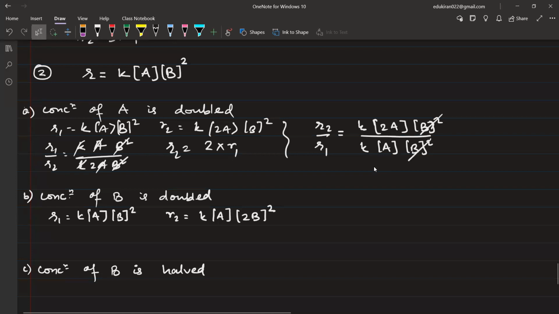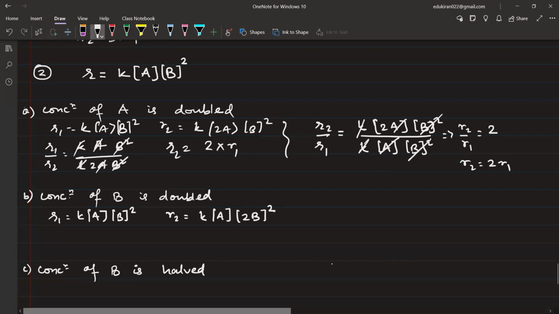So b square will cancel, K will cancel. यहाँ से A and A will cancel. What will be remaining? R2 upon R1, which will be equal to 2. So I can write R2 is equal to 2 times of R1. Okay. Yes, sir. Got it. Thank you. Okay. नहीं तो फिर कल आप थोड़ी देर पहले आ जाइए, हम आपको ये बता देंगे, ठीक है.